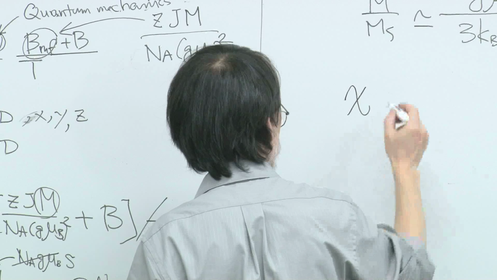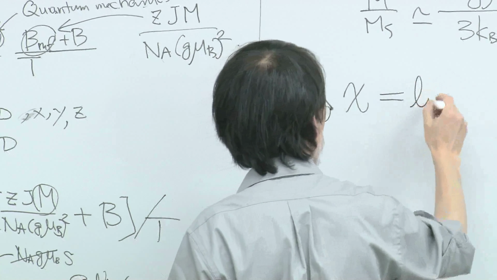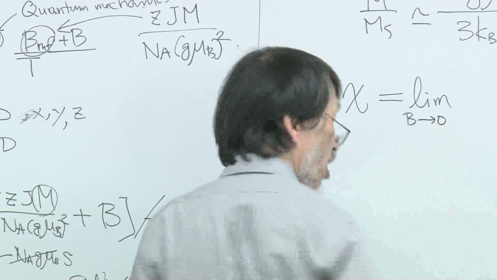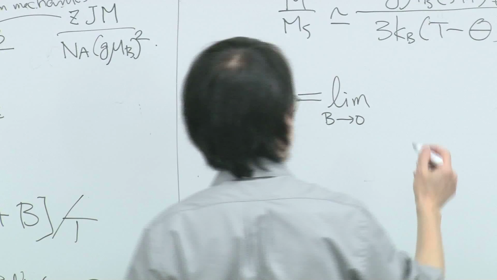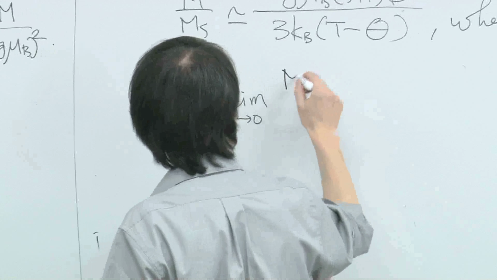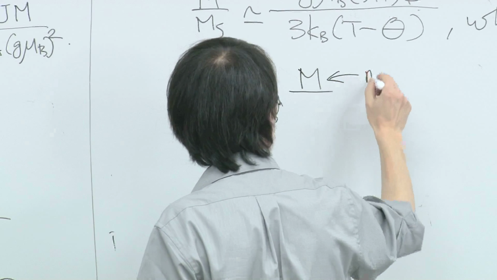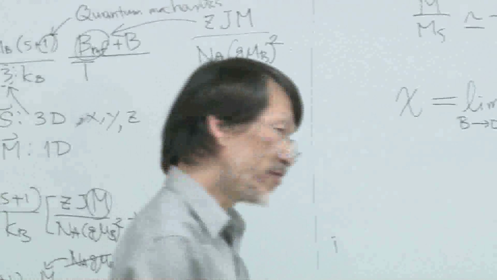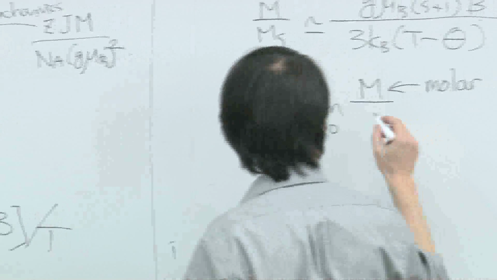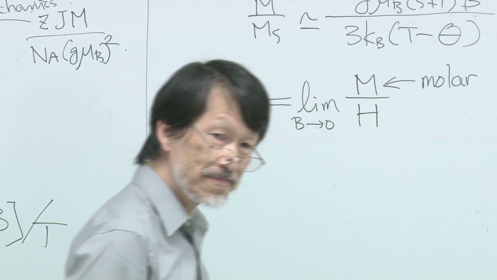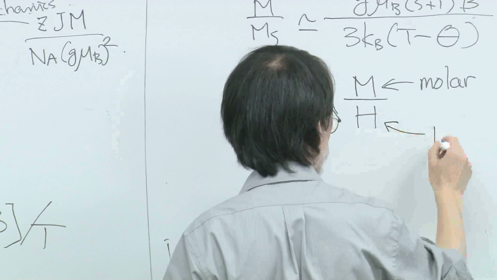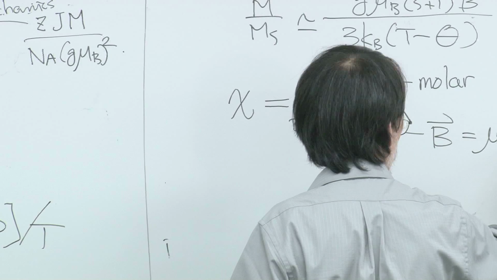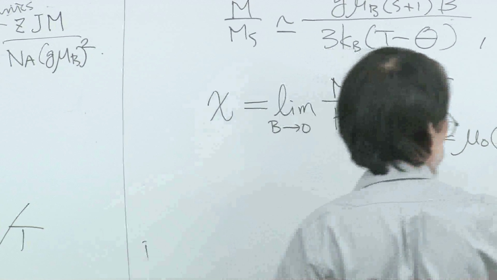Now let's take a look at the magnetic susceptibility. The magnetic susceptibility in the limit of magnetic field going to 0, so zero-field magnetic susceptibility, I'm talking about molar magnetization. In other words, the total magnetic dipole moment of 1 mole of ions divided by the H field, right? And the H field is related to the B field in SI units in this fashion.